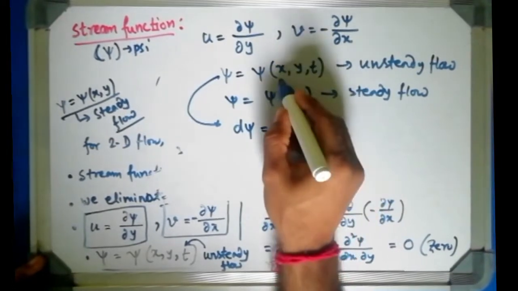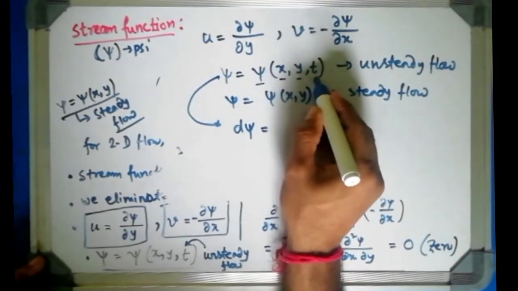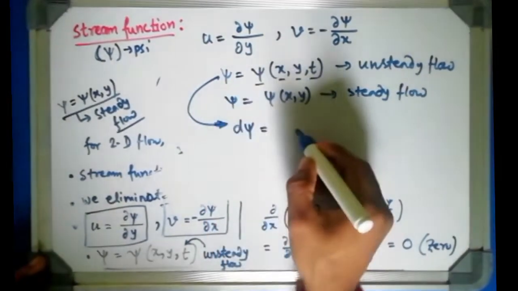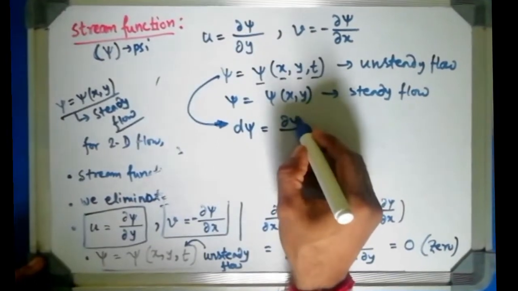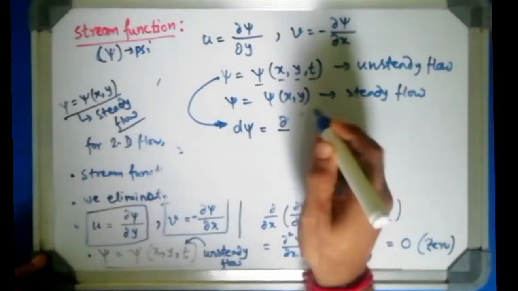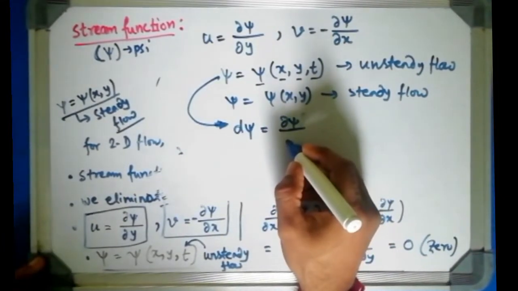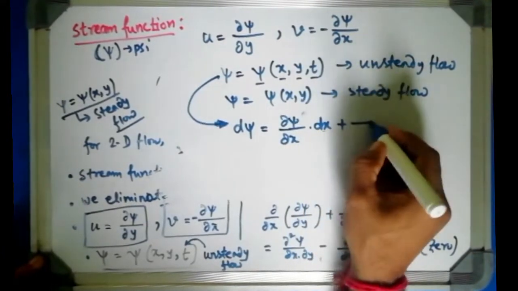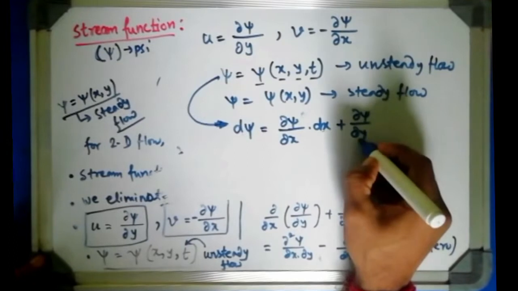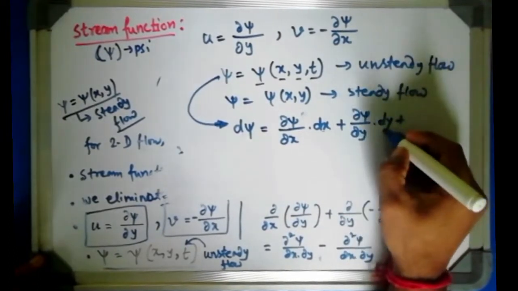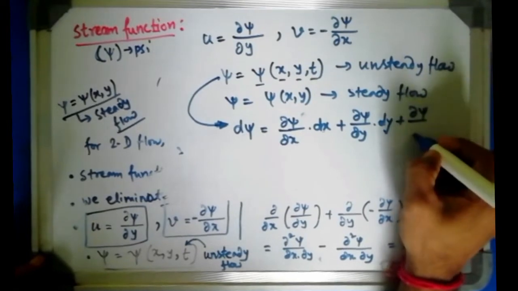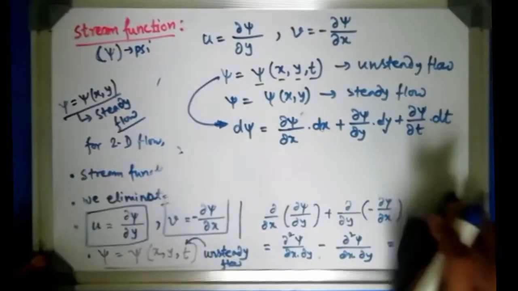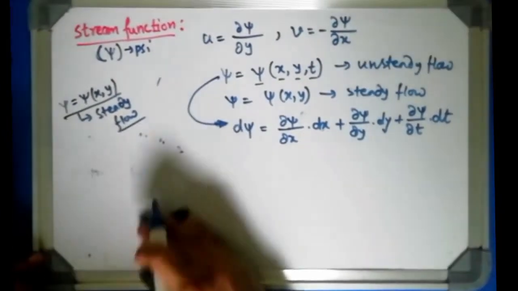See, psi is a function of three variables, x, y and t. So it can be written in total derivative form: d psi equals del psi del x into dx plus del psi del y into dy plus del psi del t into dt, because it is a function of three parameters.